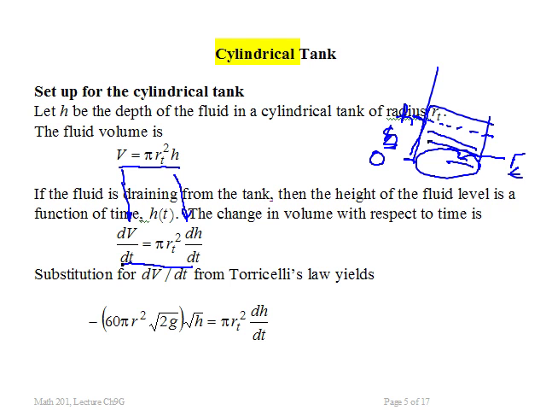I had another one from Torricelli's law. So let me write those over here. You can see what I'm doing. The rate of change of volume in a cylindrical tank is pi times the radius of the tank squared times dh by dt.